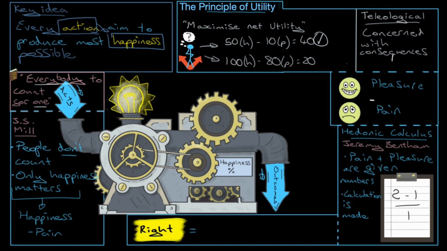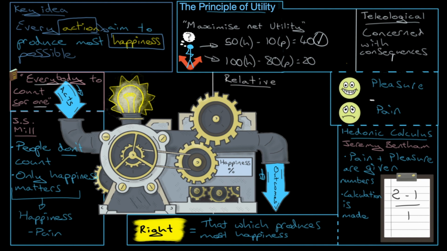So, the right action then is that which produces most happiness after pain has been taken away. And remember, people don't matter, and it is only the outcome of happiness that matters.